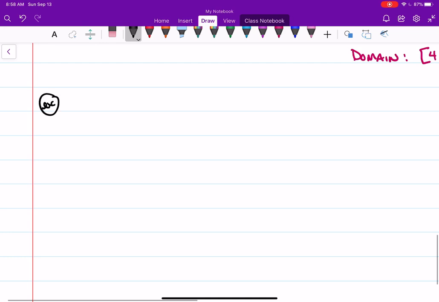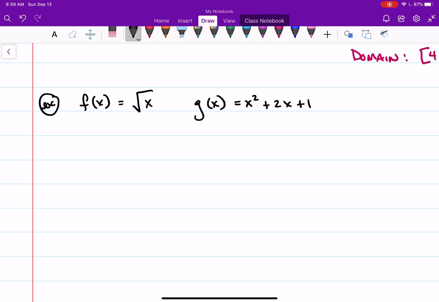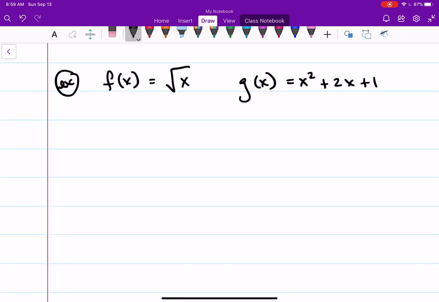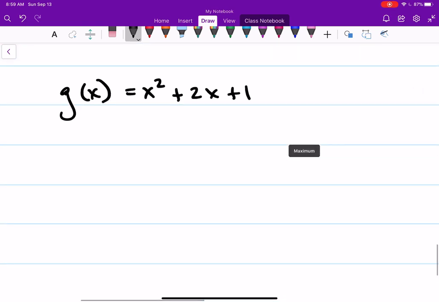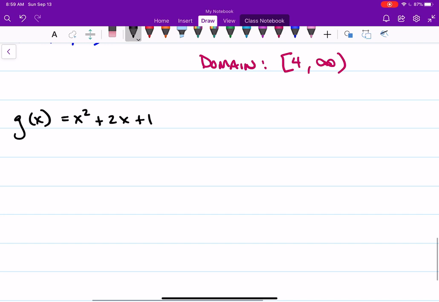So for example here, let's say it tells me that f of x is equal to square root of x, and g of x is going to be x squared plus 2x plus 1, right? And we notice that domain-wise, the g of x doesn't really have anything that we need to be concerned about.